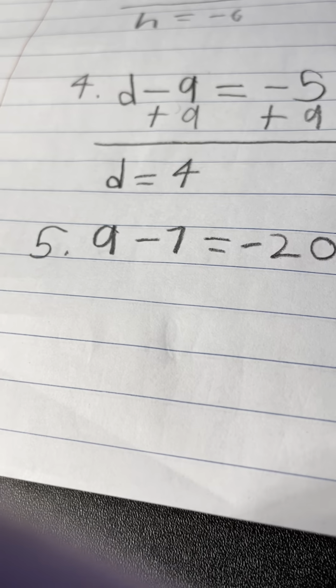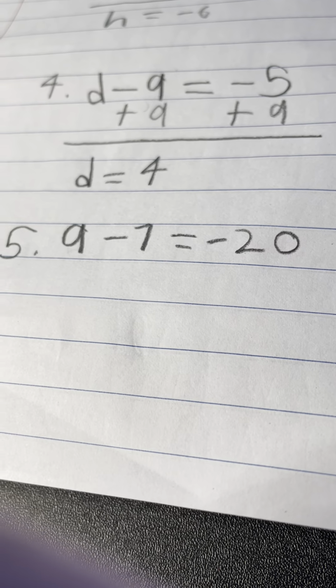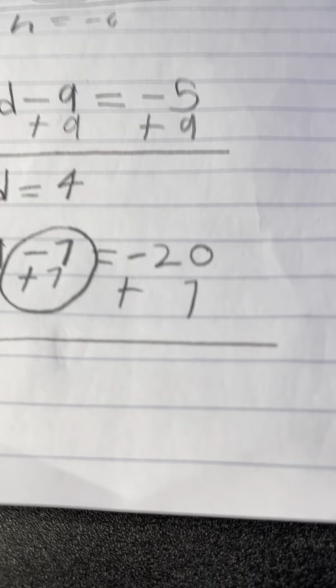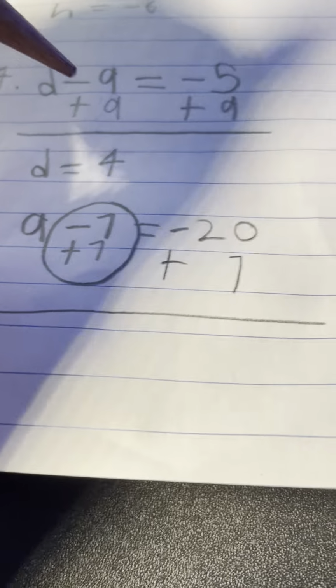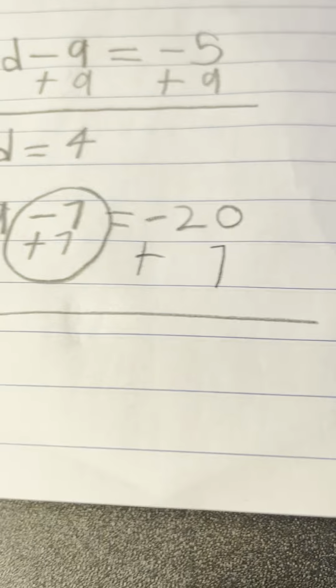Now, what is the opposite of subtraction? Yes, we plus the 7. We plus the 7. Do it to the right. Okay, I made a line right there, and then I already canceled them out.